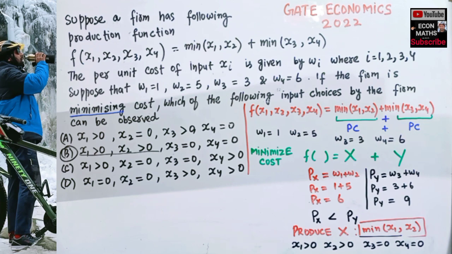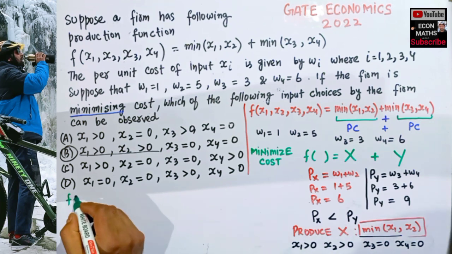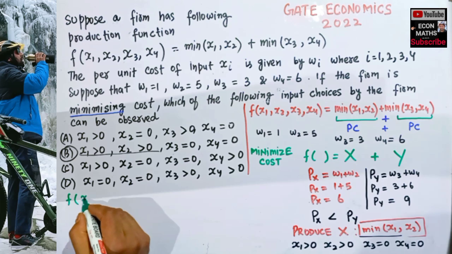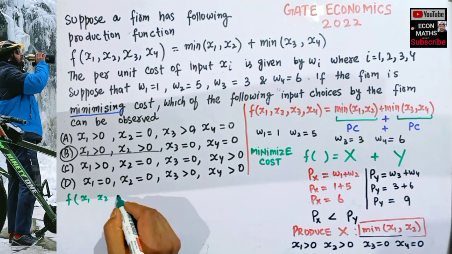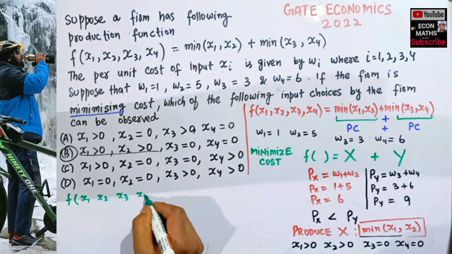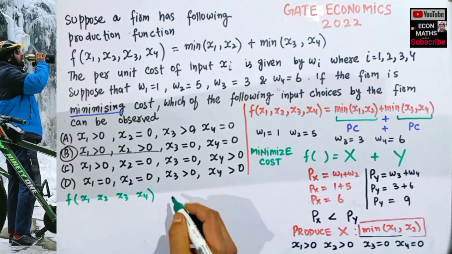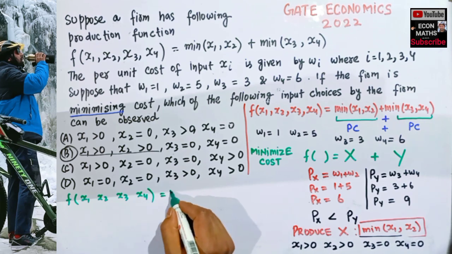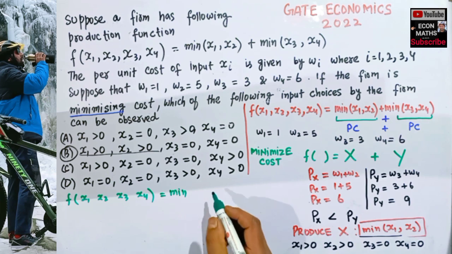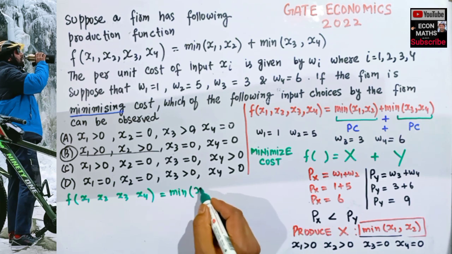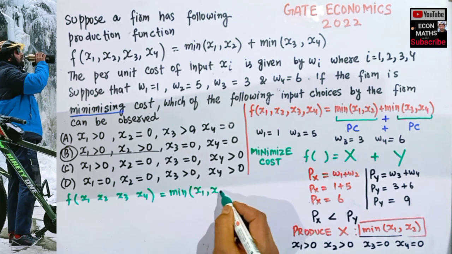Now let's give some intuition. I don't know whether the example will go perfectly well, but I'm just trying to make it more relevant here. Let us denote f of x1, x2, x3, x4. You can think of this as, let us say, the minimum of x1 and x2.